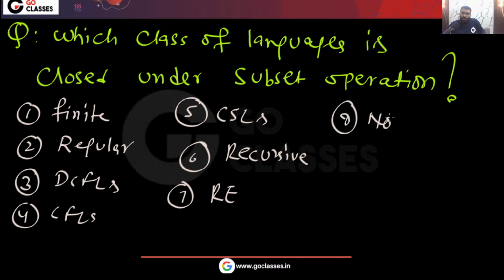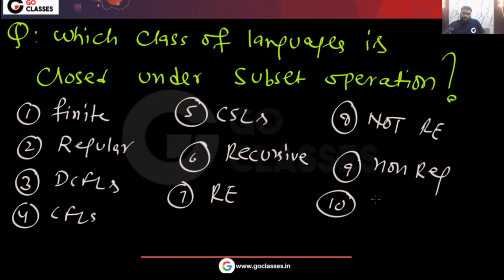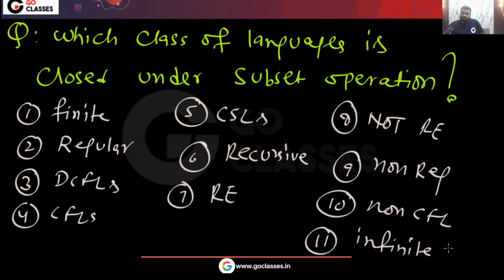Next, not RE languages. Next, non-regular languages. Next, non-CFL languages. Next, infinite languages. Are you getting my point? Anything did I miss?